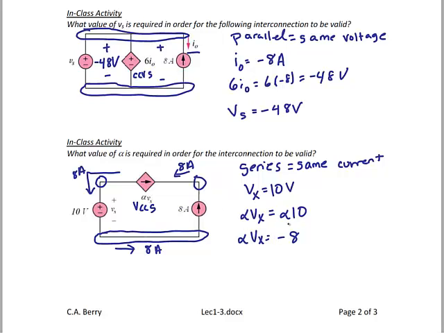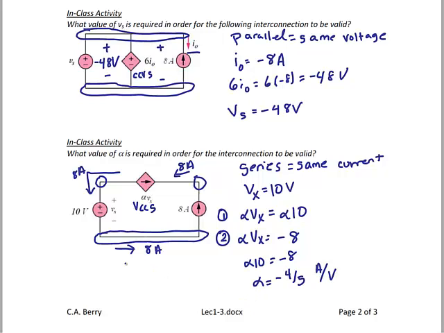So alpha Vx is equal to negative 8. Equating these last two equations, I get alpha 10 is equal to negative 8, or alpha is equal to negative 4/5. However, since I am converting a voltage to a current, alpha must have units of amps per volt.